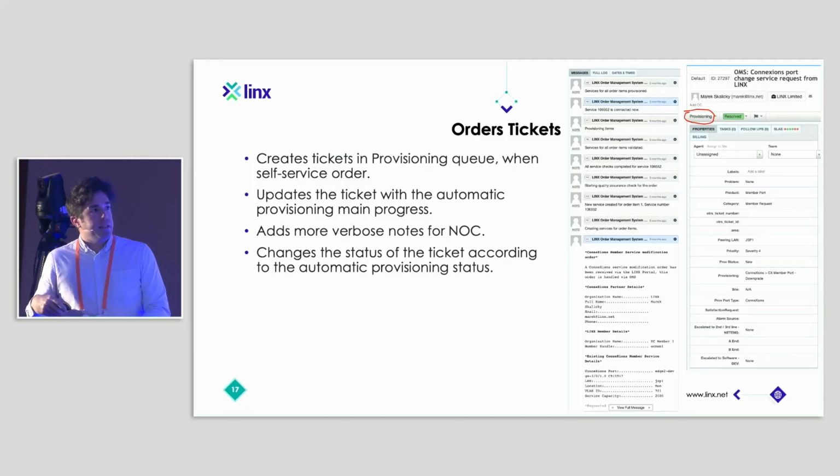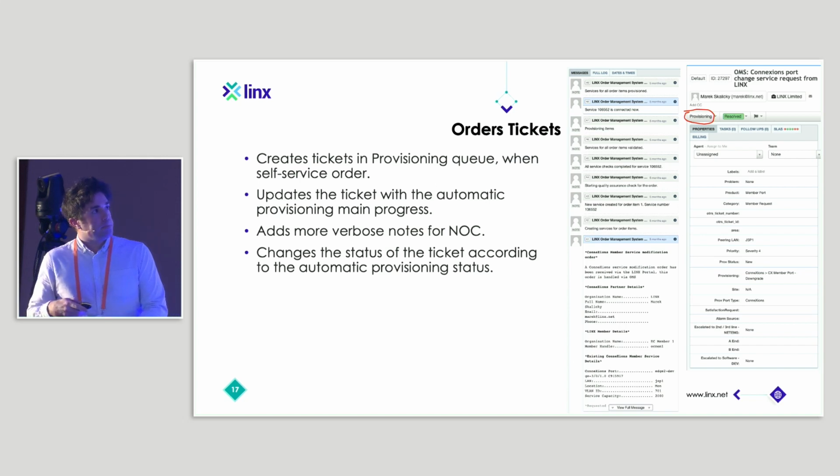Some of these, the gray ones, are notes for NOC, so the user doesn't see them, I mean the end customer. The blue ones are the updates to the actual ticket for the user. It also changes the status of the ticket according to the provisioning status. So, for instance, there is an error, awaiting agent, or if it's completed, then completed.